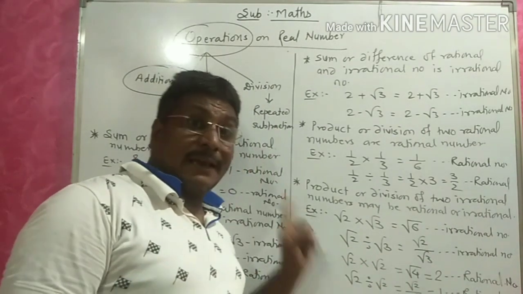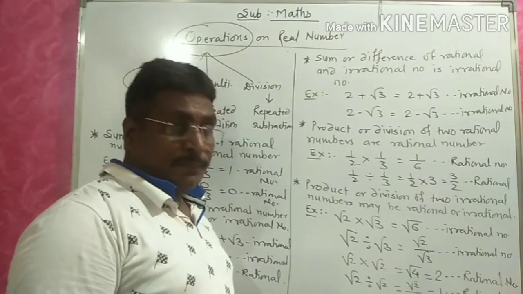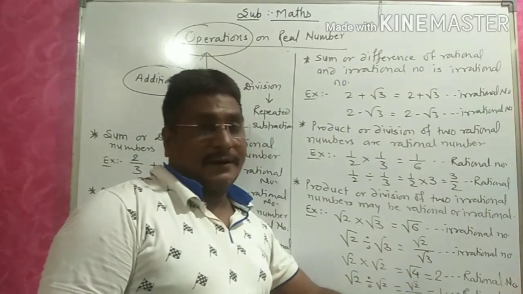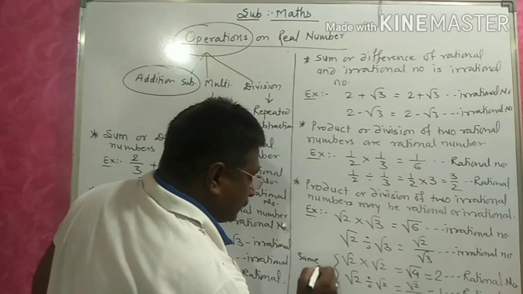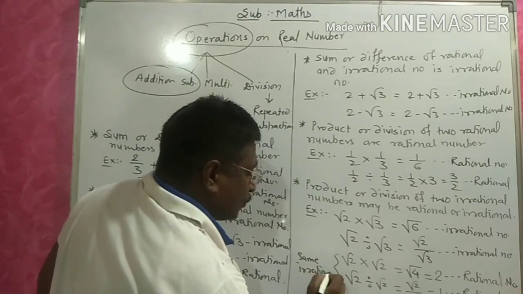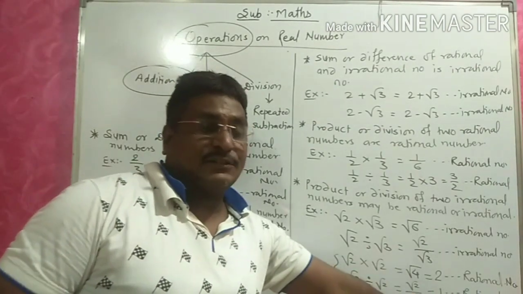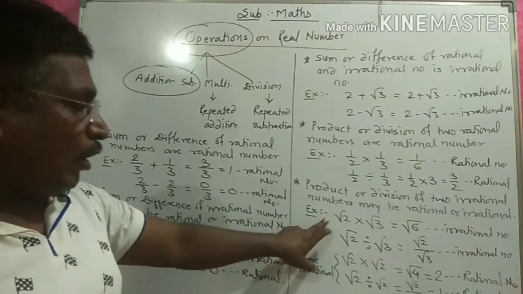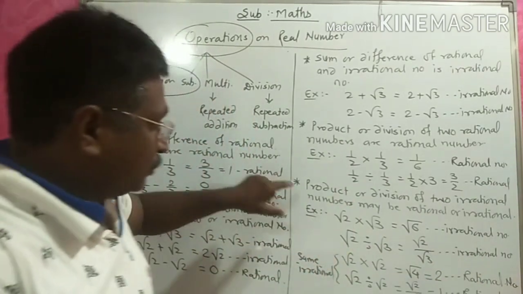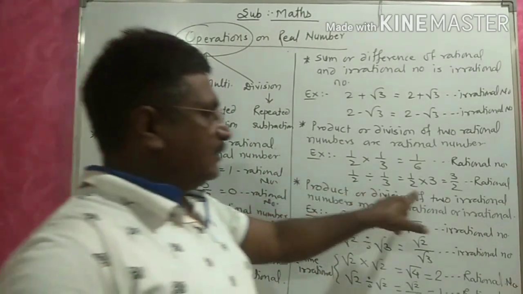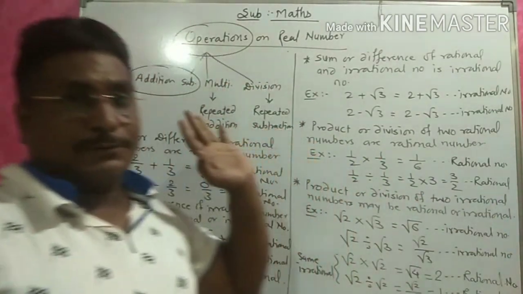But the product or division of the same irrational number is a rational number. So that's why we wrote that the product or division of two irrational numbers may be rational or irrational.